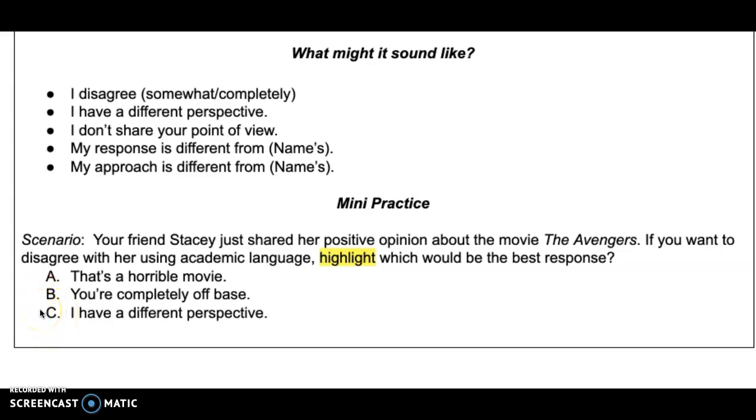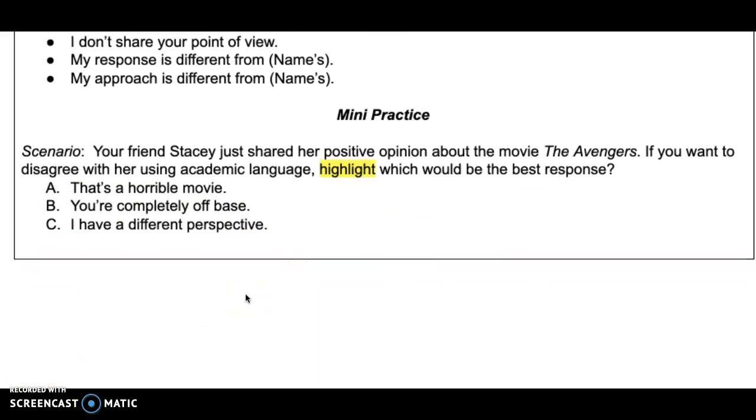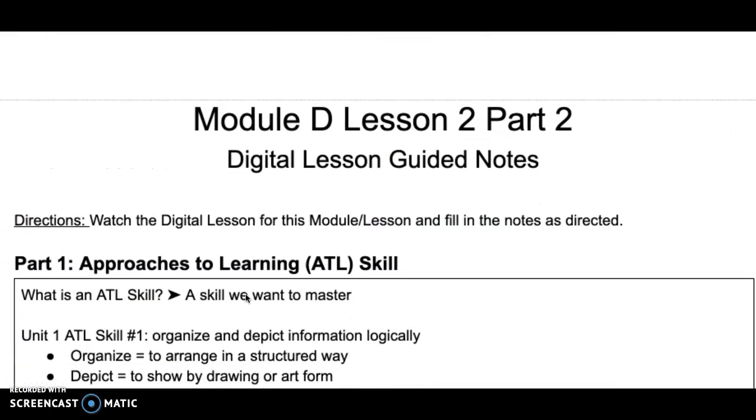So please stop the video and highlight which one of these you think is the best way to respond using academic language. Okay, so you should have chosen C, I have a different perspective. That is up here as one of the sentence frames. It's a much more respectful choice than A or B. Let's go ahead and scroll down to the next part of the lesson.